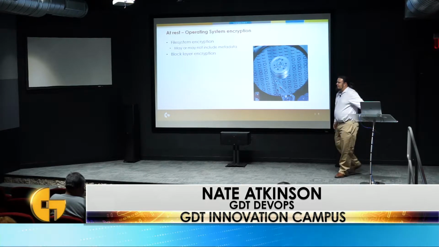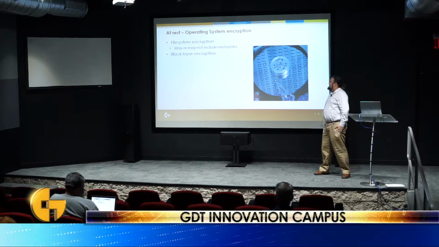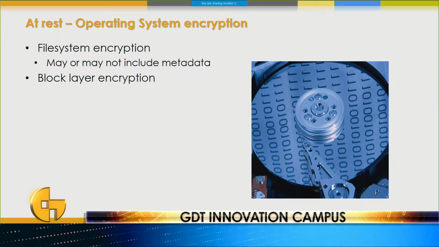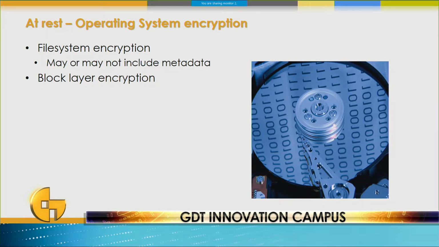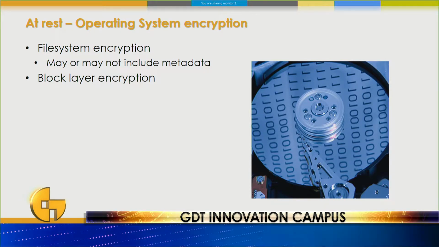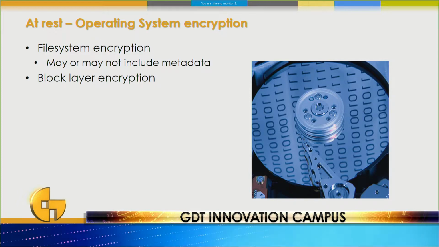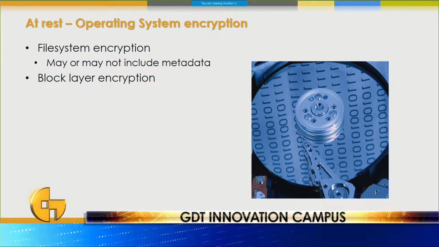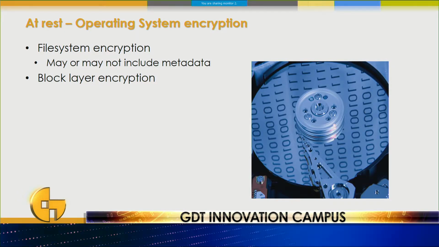If you don't want to bother with hardware encryption, you can let your operating system handle it for you. One of the methods is file system encryption. Windows has supported this for quite a while. You can make encrypted drives or encrypted folders. But that may or may not encrypt the metadata. When I'm talking about metadata here, one of the key things is file names.